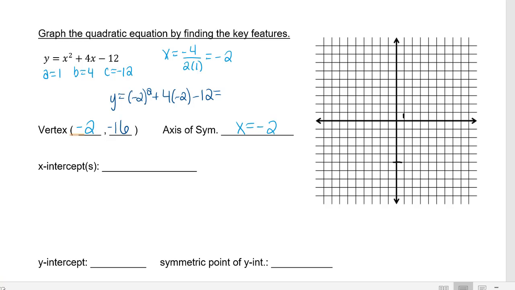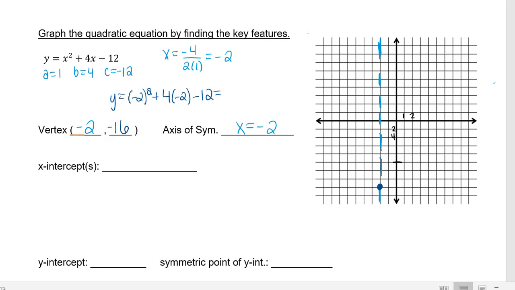We'll keep each of those units to be 1, but each of the vertical units, those y values, let's go up by 2. Now, graphing that axis of symmetry at x = -2, creating that dotted line straight up and down, and then we'll plot that vertex. -2, and then down 16: 2, 4, 6, 8, 10, 12, 14, 16.